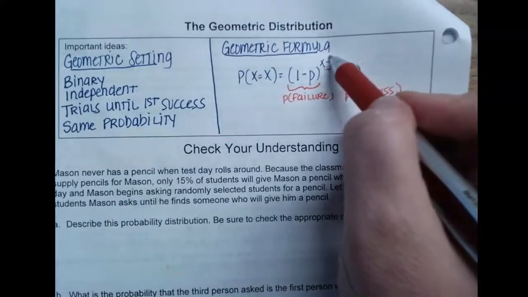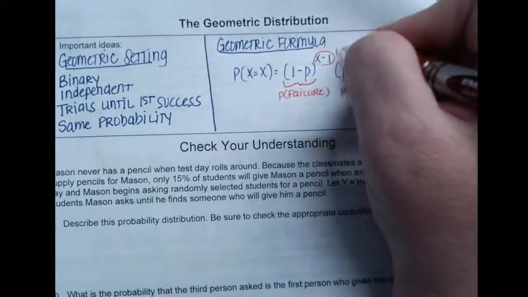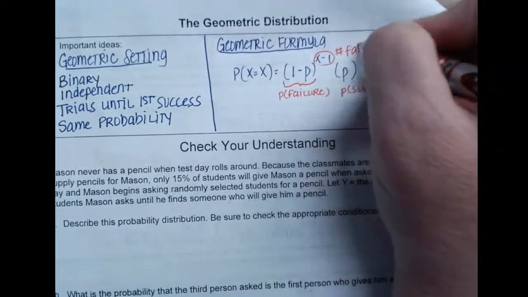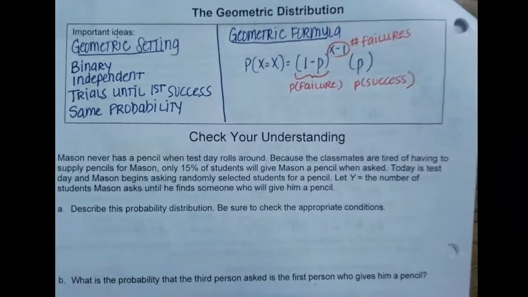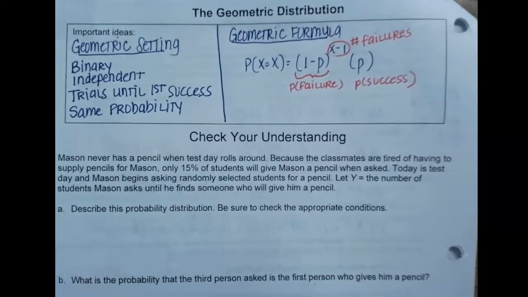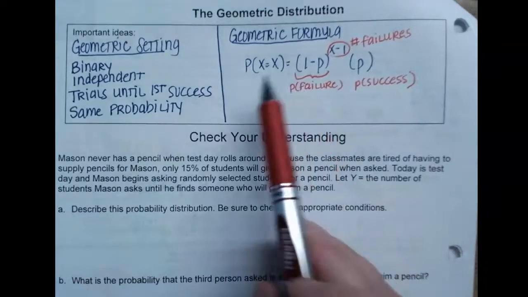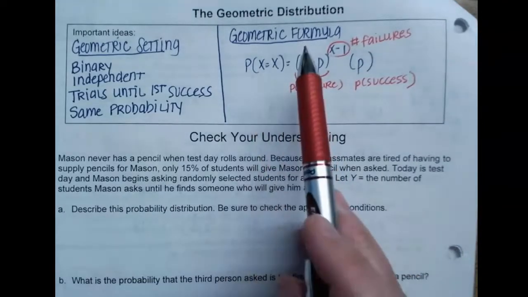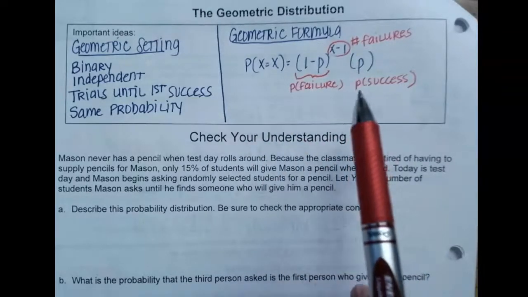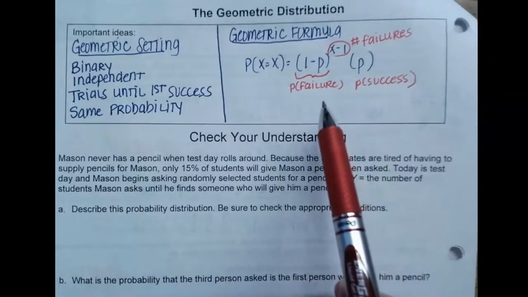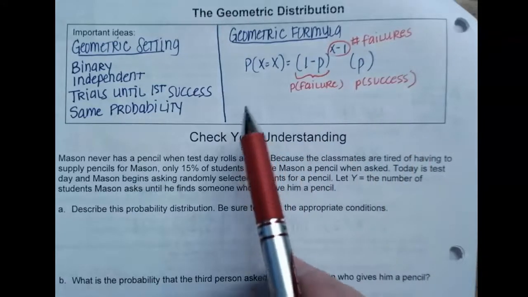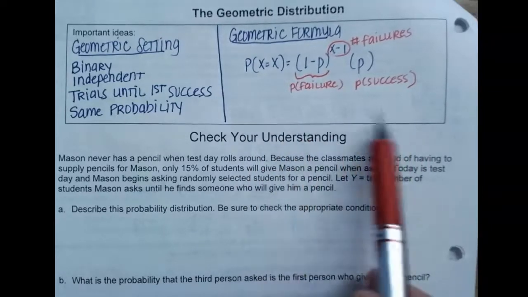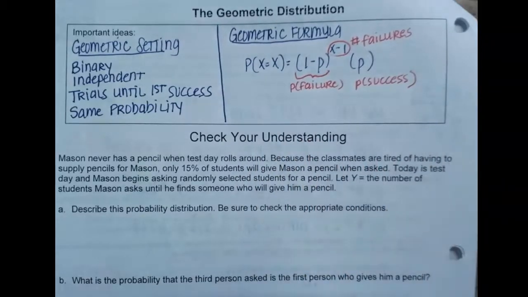And then this up here is always going to be the number of failures. It's always 1 less because the last one's going to be a success. Okay, so hopefully that will help with this. And in your calculator you have geometric PDF and CDF, and they work the same way as the binomial. The PDF is going to tell you a particular number, and the CDF will add up a range of the numbers from the left. So if you want to know a greater than problem, you're going to have to do 1 minus.